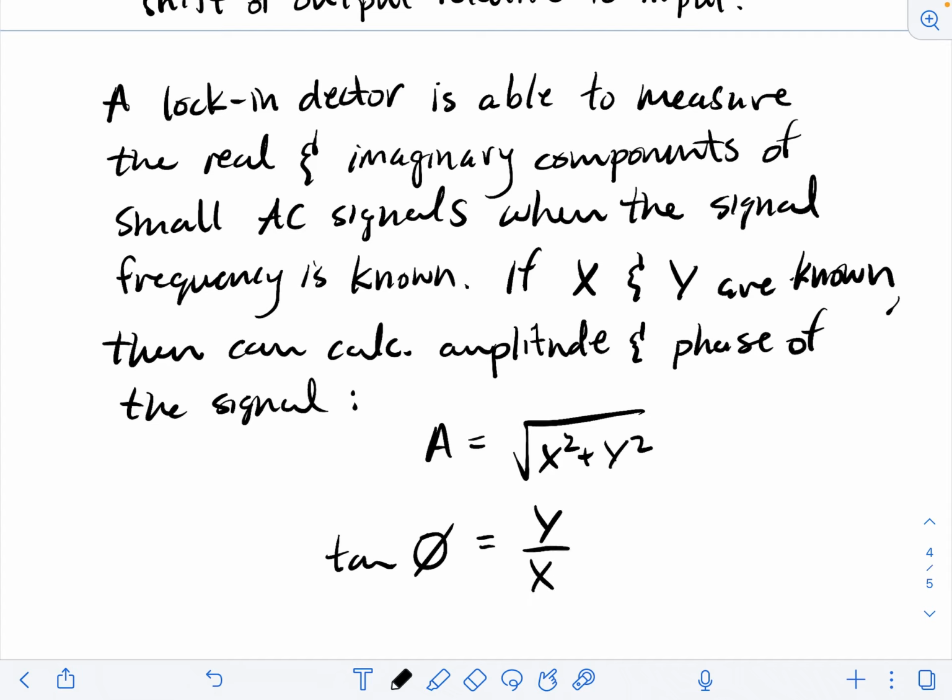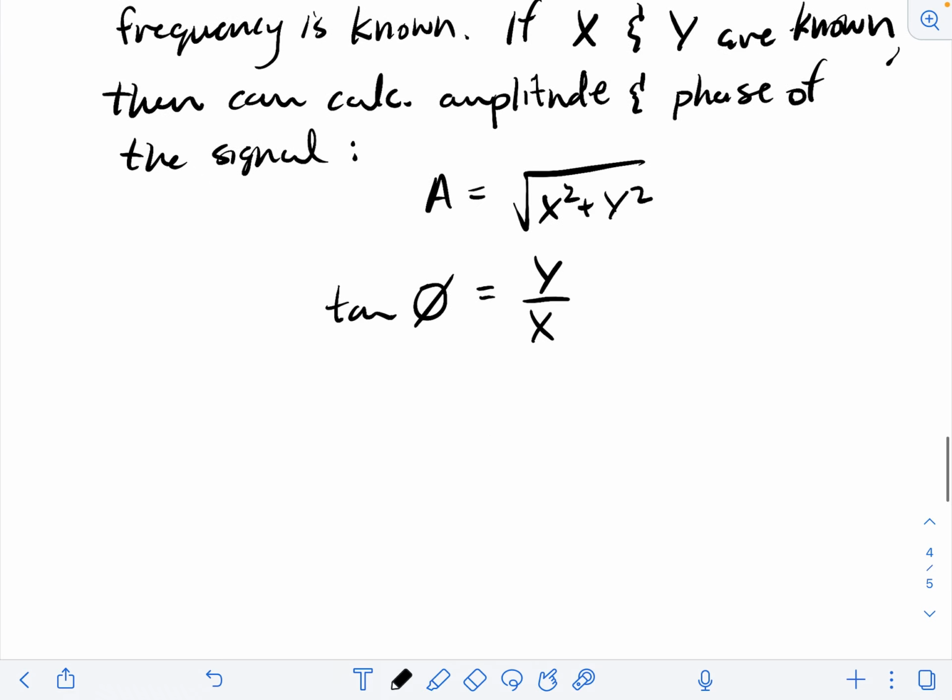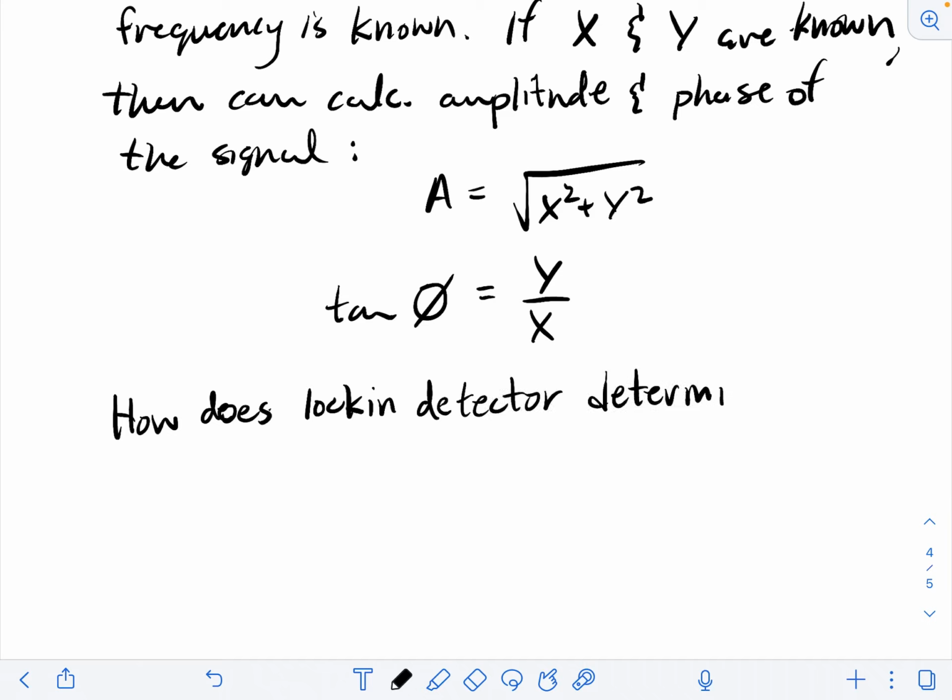What we want to work out is how we use a lock-in detector to measure x and y. So how does a lock-in detector determine x and y?